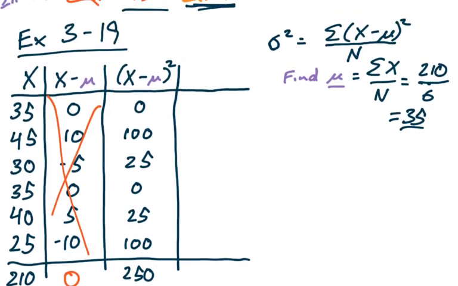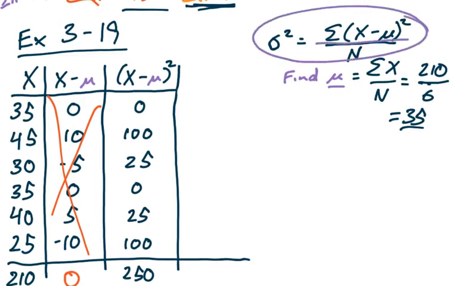Now remember, here we're going to clean this up. We're going to be looking at this equation right here. So we already have this component. We're going to just simply substitute in 250 when it comes to rewriting this equation. We're just replacing this whole part with what we obtained from this procedure.